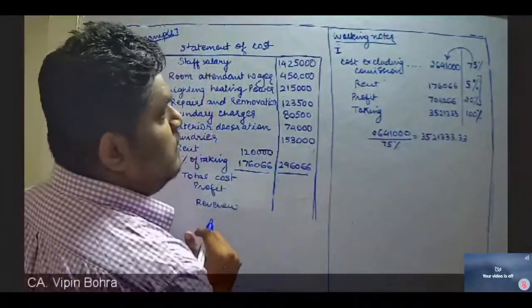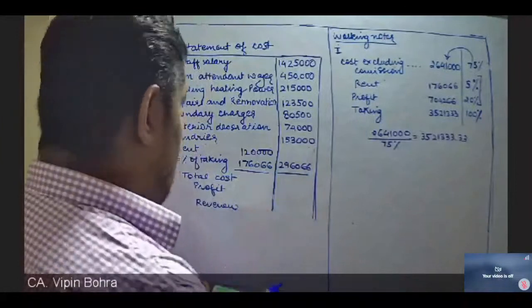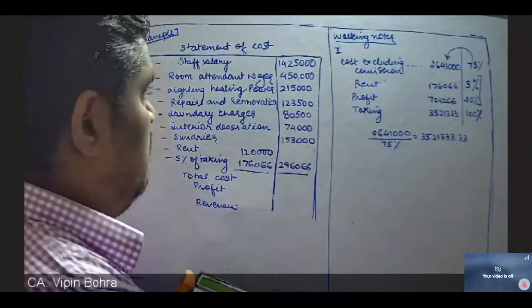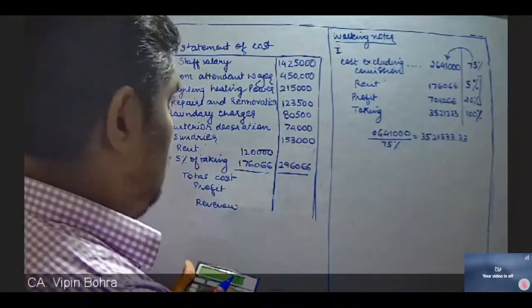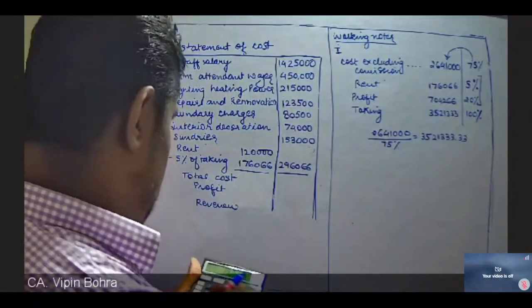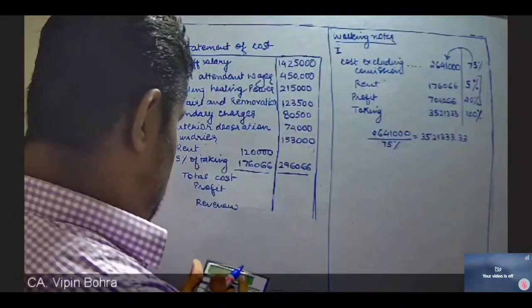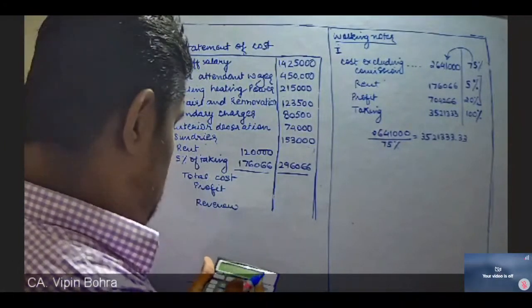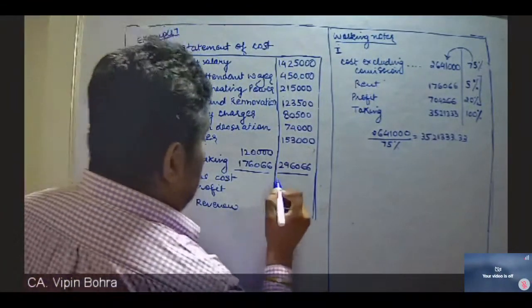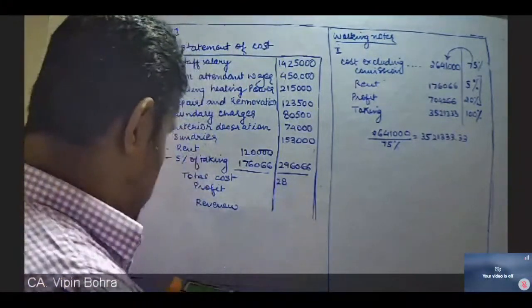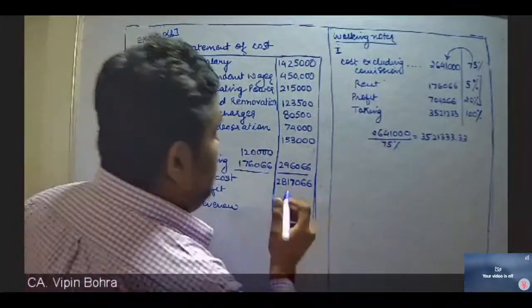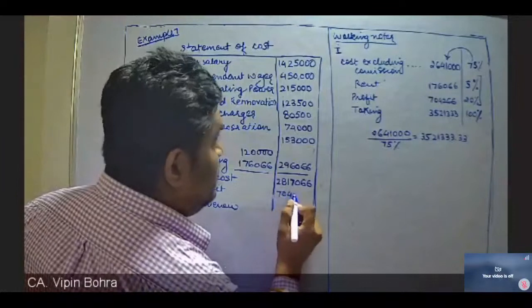The total cost will be 28,17,066. The profit we have already got, 7,04,000.